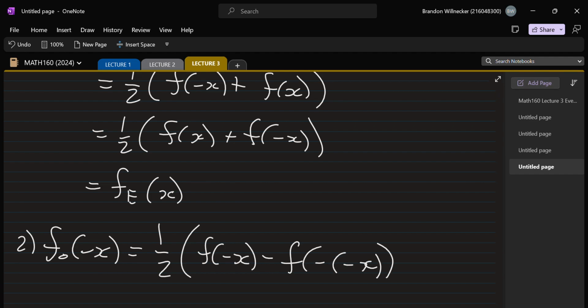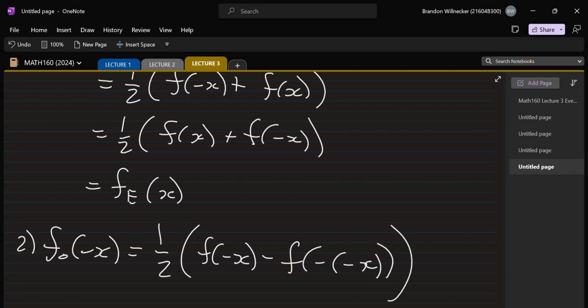One more bracket there. Similar to what we did before, we substitute minus x, and again here we've got the double minus sign because this was f of minus x. Now we're substituting minus x, so it's minus x. Anybody lost with that?